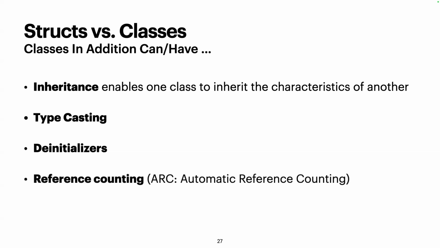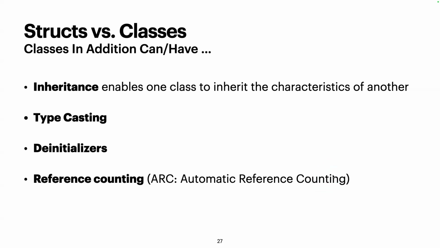And again, one of the major differences of class and struct is that a class has more overhead. What I mean by that is that Swift is less performant on classes because it uses something called reference counting. In Swift, the technology is called ARC, or automatic reference counting. It's a system of keeping track of which objects are in memory, and if nothing else references an object, we could deallocate it.